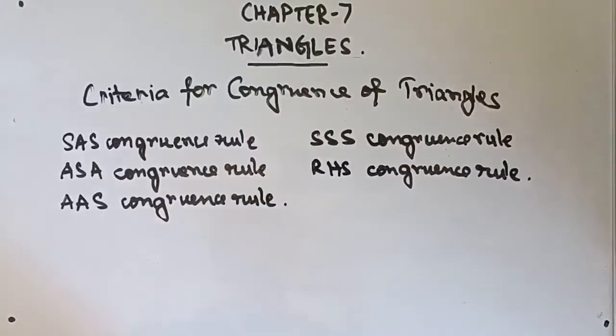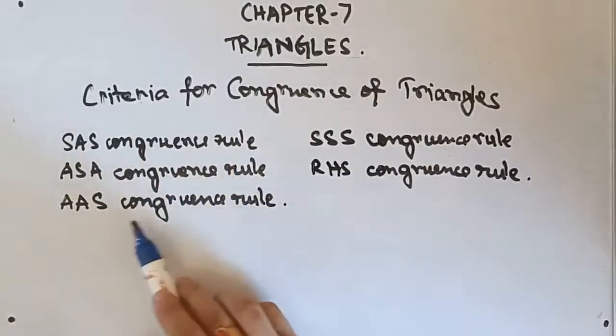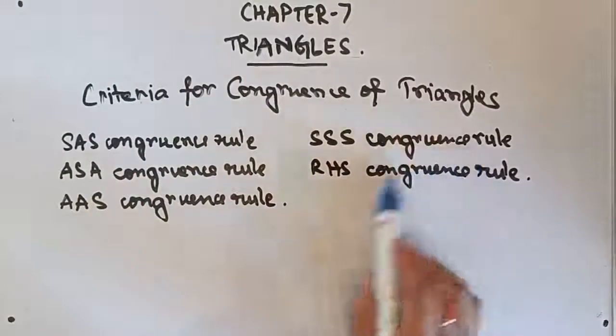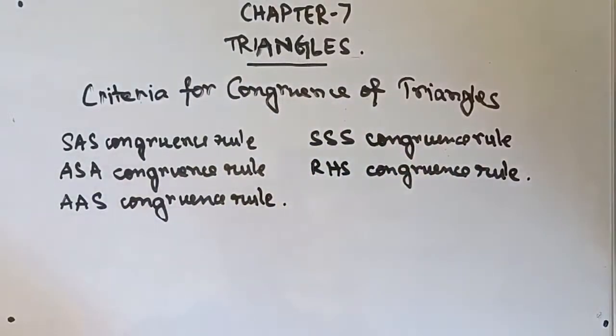Now let us learn some of the criteria for congruence of triangles. Under this topic, we are going to learn about SAS congruence rule, ASA congruence rule, AAS congruence rule, SSS congruence rule, and RHS congruence rule. We are going to study them one by one in detail.